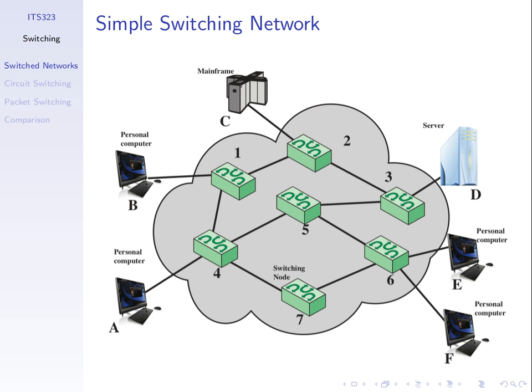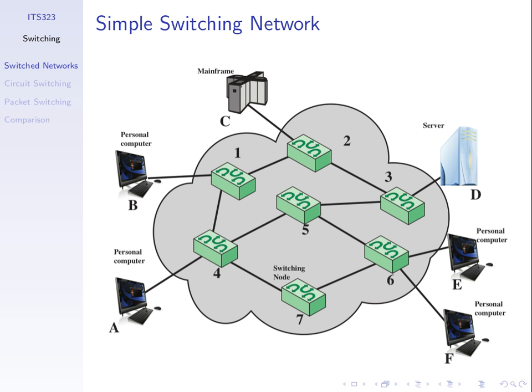In this example, station A has a link to this other device, device 4, and it turns out that device 4 has links to some of these other devices, 1, 5 and 7. 7 has a link to 6, and 6 has a link to F. So I want to send data from A to F. I need to send it through these intermediate devices.